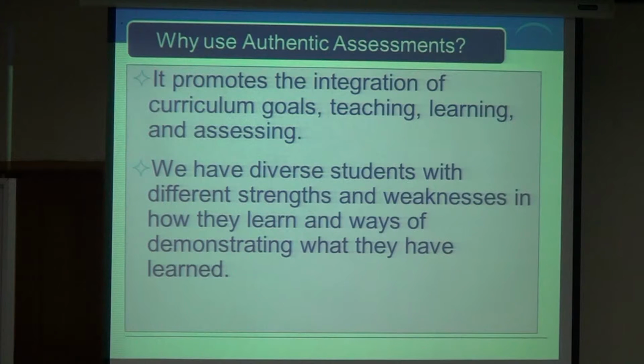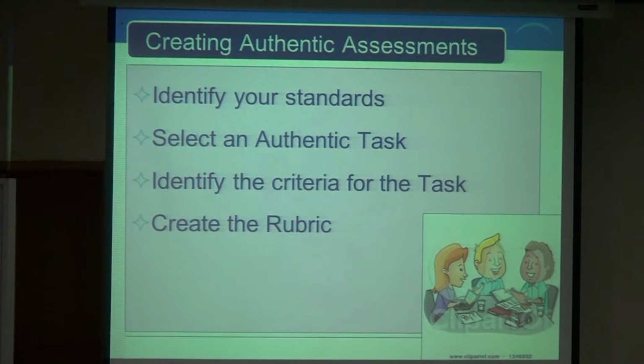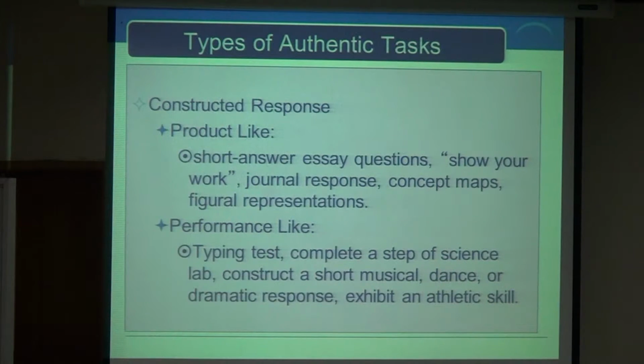And because we have diverse students with different strengths and weaknesses, and different ways of demonstrating what they learn, we have to use authentic assessment. What is important is we should be able to identify our standards, select the appropriate task, identify criteria for the task, and create the rubric.